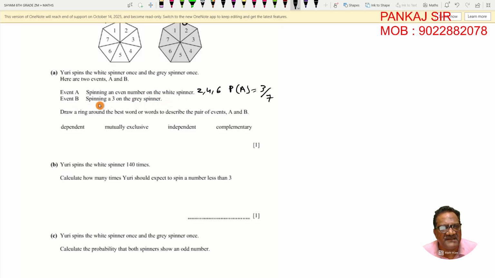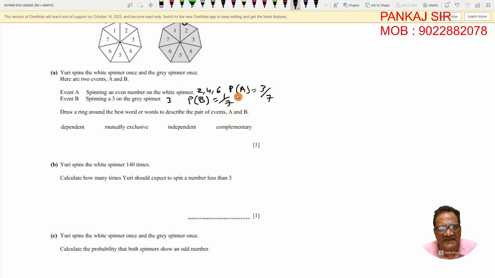Now event B is what, a 3 on the gray spinner. So getting just a 3. So the probability of event B will be 1 over 7, right? Just 1 over 7. Now draw a ring around the best word or words to describe the pair of events A and B. The two events are totally independent.